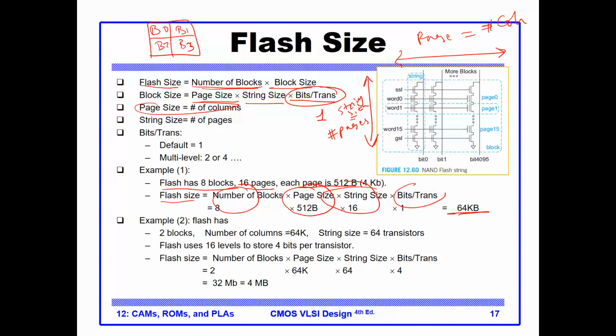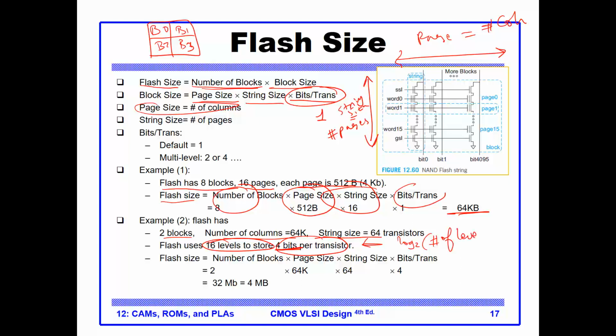Now, here's another example where we have two blocks, the number of columns is this and the string size is that, but we are using 16 levels so that every cell can program 4 bits. And notice that the number of bits per transistor equals log base 2 of the number of levels.